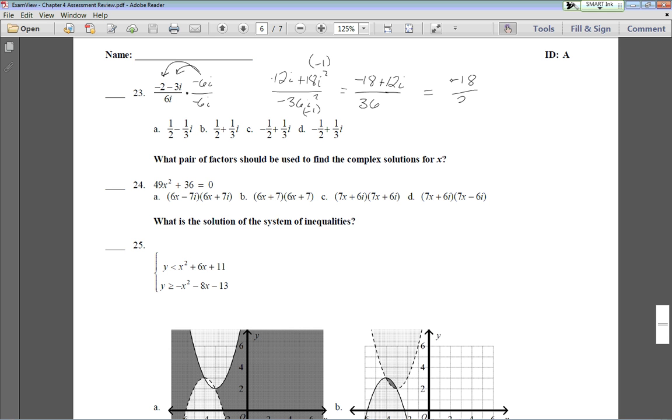Negative 18 over 36 plus 12i over 36. This will go to negative 1/2 plus this will go to 1/3, and they drop the i to the side, which is fine. You can either have it in the top or drop it to the side. So negative 1/2 plus 1/3 i, the answer is letter D. All right, the answer is letter D.